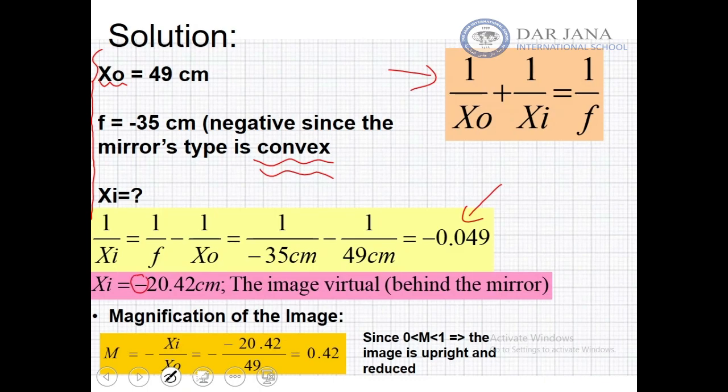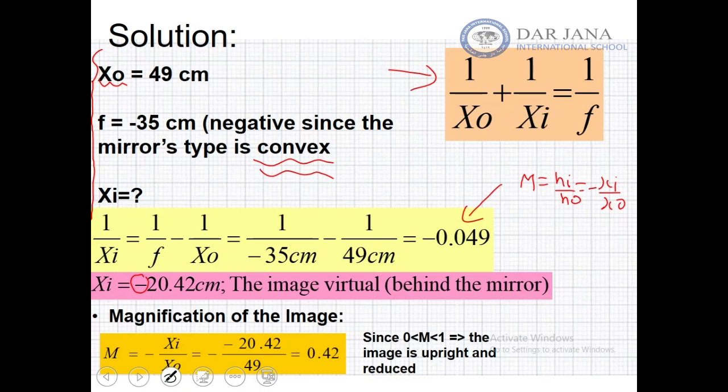Now, what if we want to find the magnification? As we said, everything depends on the given. We know that this is the formula of magnification: M equals hi over ho equals negative Xi over XO. So we will take M equals negative Xi over XO and not M equals hi over ho.